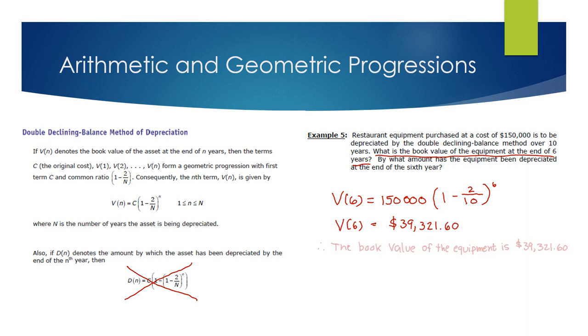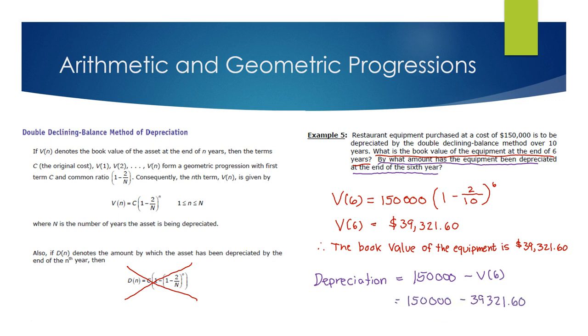The second question is asking by what amount has the equipment been depreciated at the end of the 6th year. Now again, they give you that formula that I crossed out over there, but I really don't need it, because the depreciation is just going to be $150,000 minus V of 6.